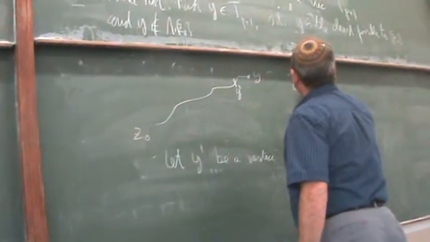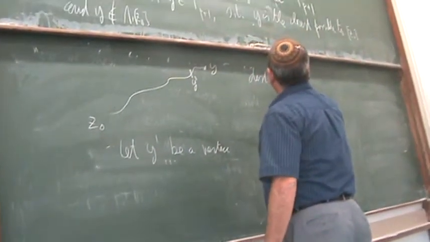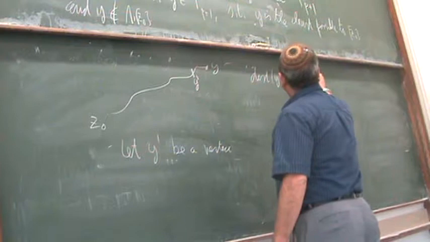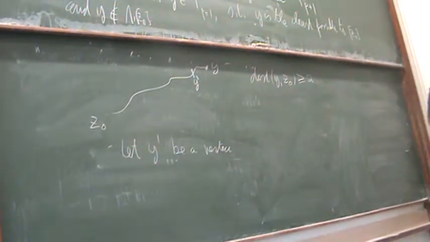By the way, the distance between y and z naught is at least 2, because we know that all the points of distance 1 are obtained. That's what we proved.